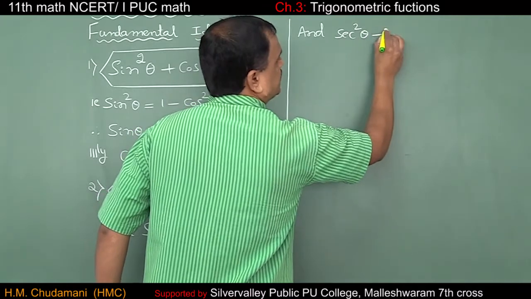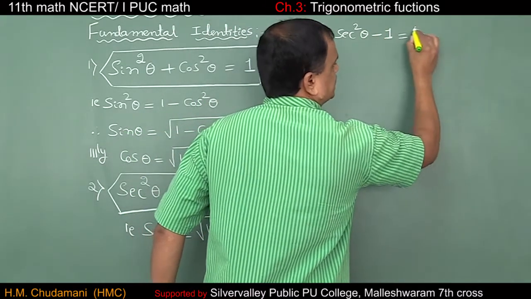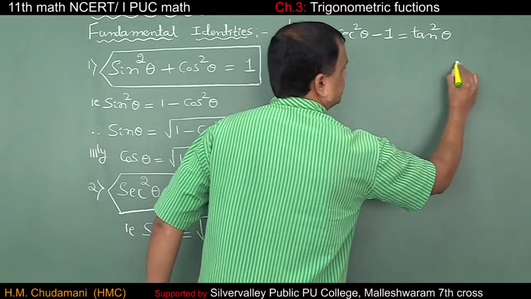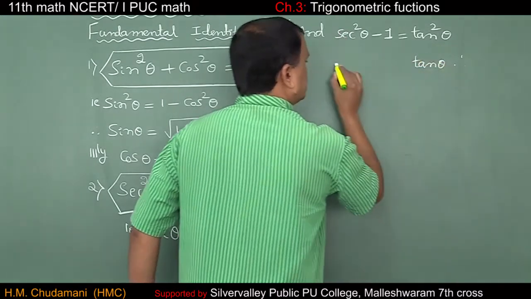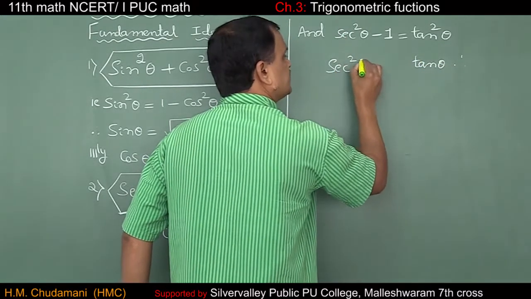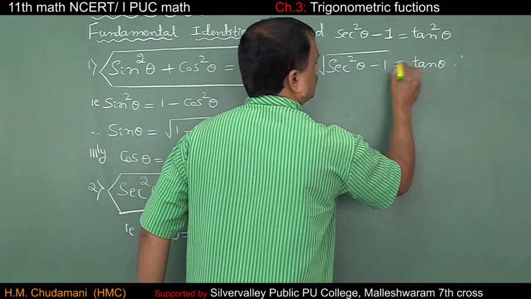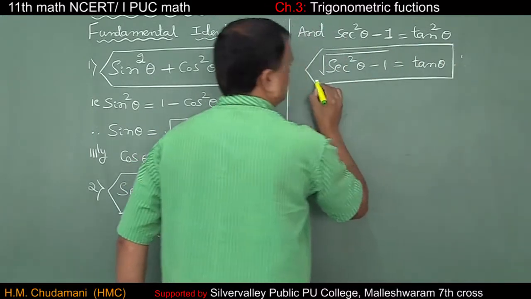Shift 1 to the left hand side. Therefore tan theta can be written as root of secant square theta minus 1.